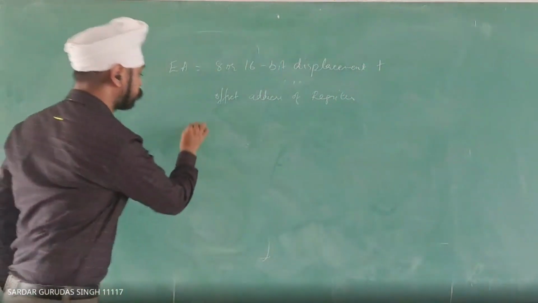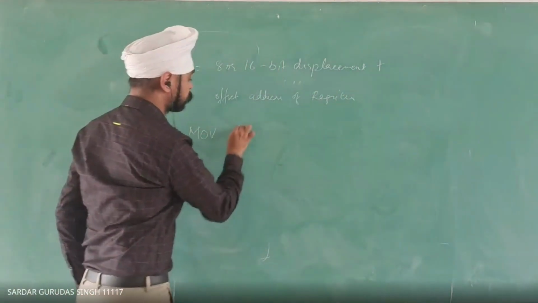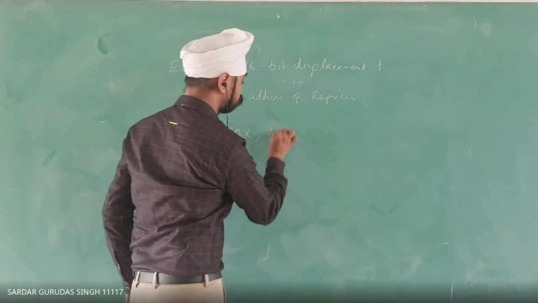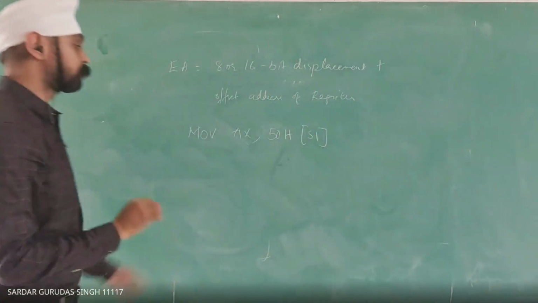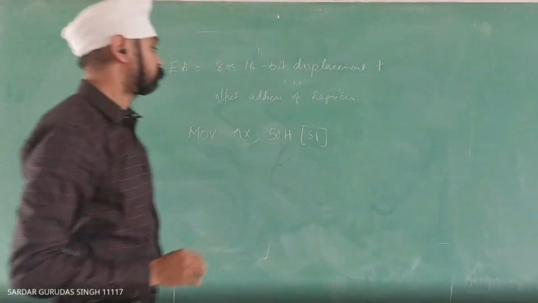In the sense, if I write like this, move AX comma 50H followed by SI.